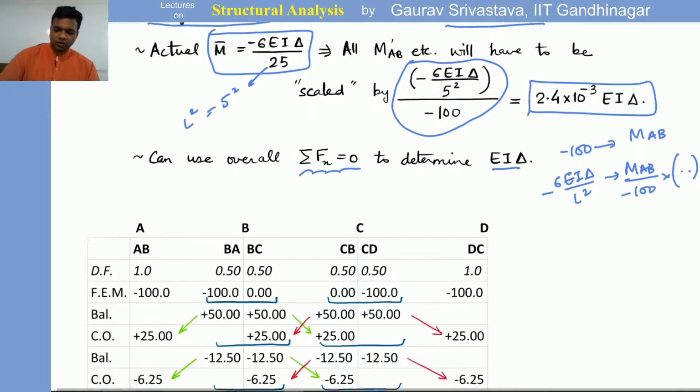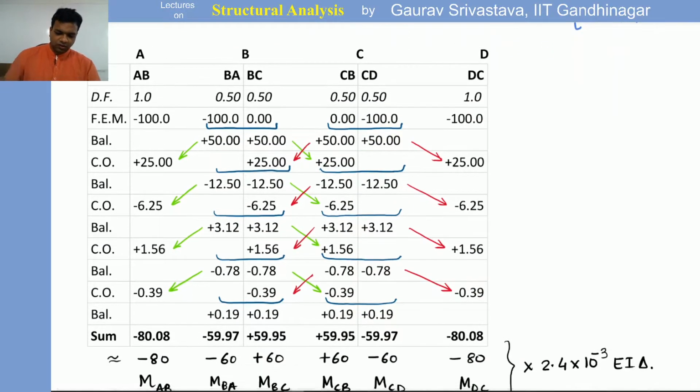Okay, now let us see how it works. So now everything is the same here, except that now in the fixed end moment, we have used the assumed minus 100 values. Okay, so in the fixed end moments, we have used the assumed values. Then we carry out the moment distribution procedure as it is.